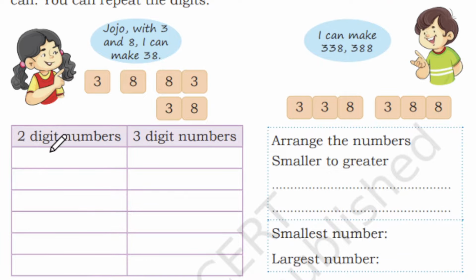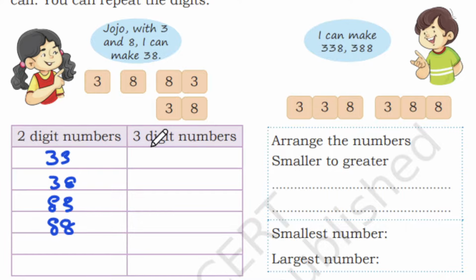We can write 33. Okay, let me write it again, it's not clear. So we can write 33, 38, 83, and then 88.